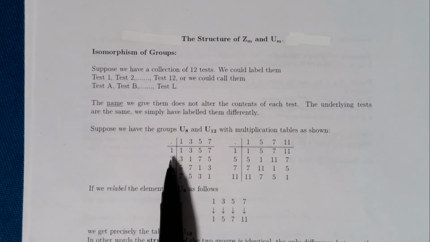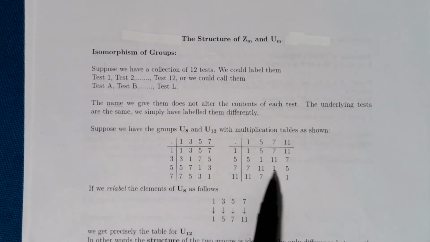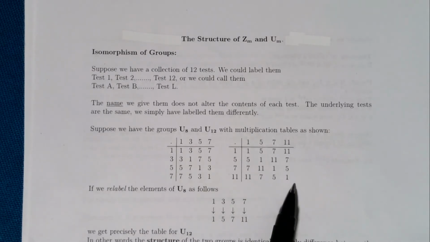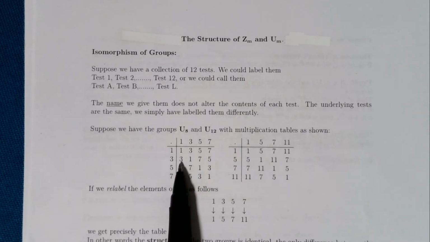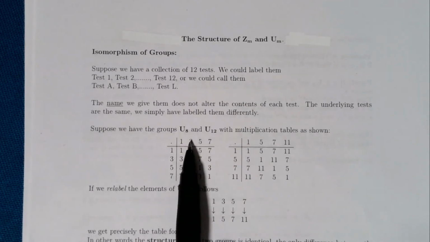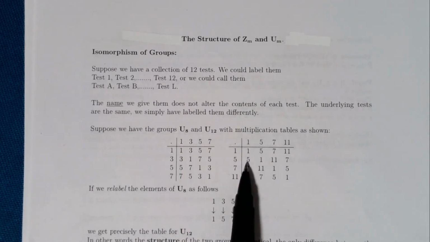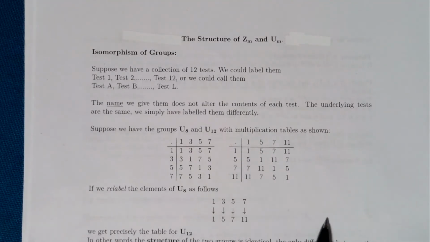They've both got 1s along the main diagonal, and the structures look very similar. For example, this number here is the same as this one, this number here is the same as this one, and so on. In other words, these two multiplication tables are identical if I just relabel the elements as follows.